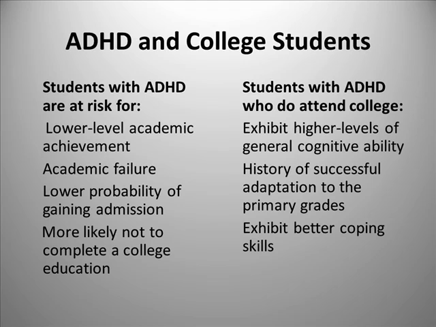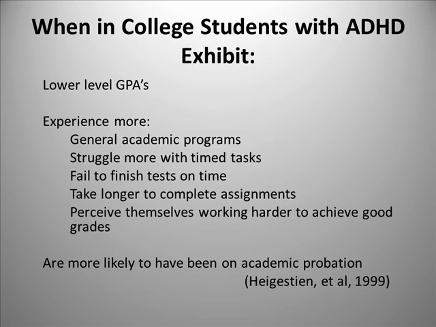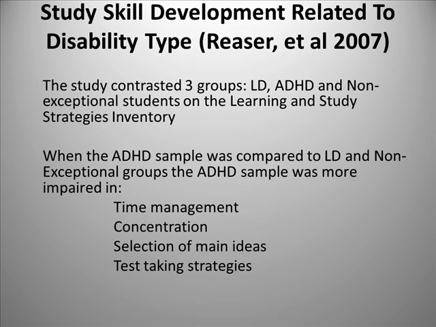These are the students who carry less executive function burden. In general, these are students that are going to attain lower GPAs, experience more problems, and more likely to have been on academic probation.